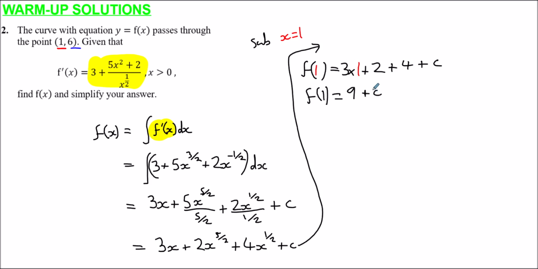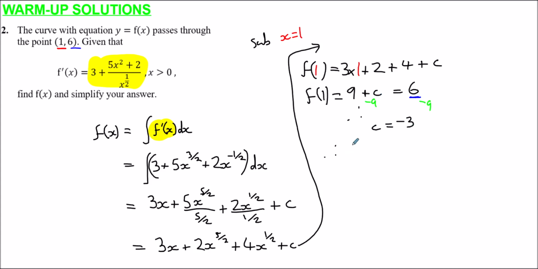But f of 1 needs to equal 6, because it says it goes through the point 1, 6. So if we take 9 off both sides of this, to get c on its own, we can see that c is 6 take away 9, which is minus 3.